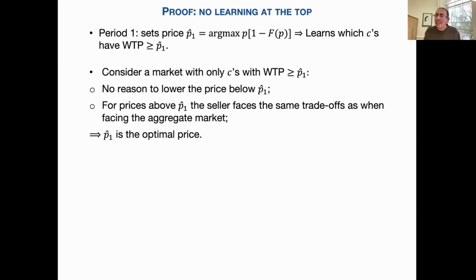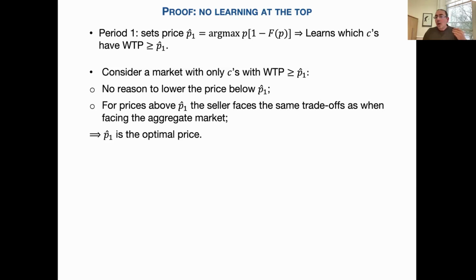But now I'm exactly in the same situation as before with respect to consumers that have a valuation above P_1. It's just that now I am rescaling this by the fact that I have a lower mass. But the proportion of types from P_1 to 1 is the same as before, the composition of that market. So I didn't want to exclude those people before. I don't want to exclude them even now.